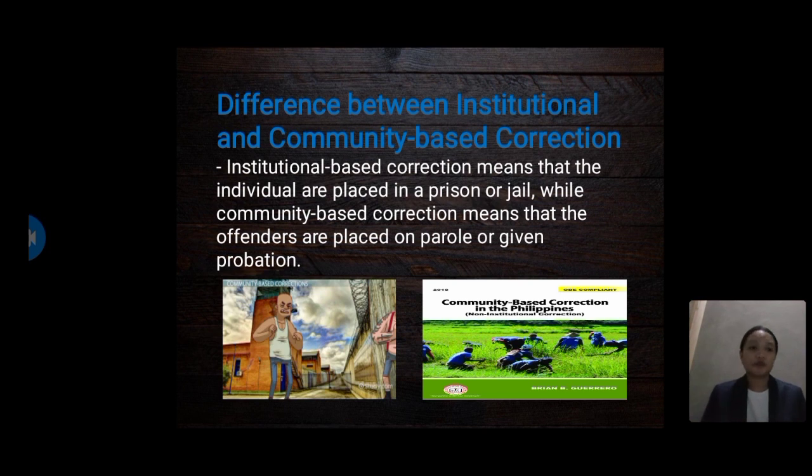These types of programs frequently allow the offenders to engage in work or even school during their prison term. So there are a lot of prisoners who are given a chance to engage in work or even in school during their prison term or the parole. That's the difference between the two.